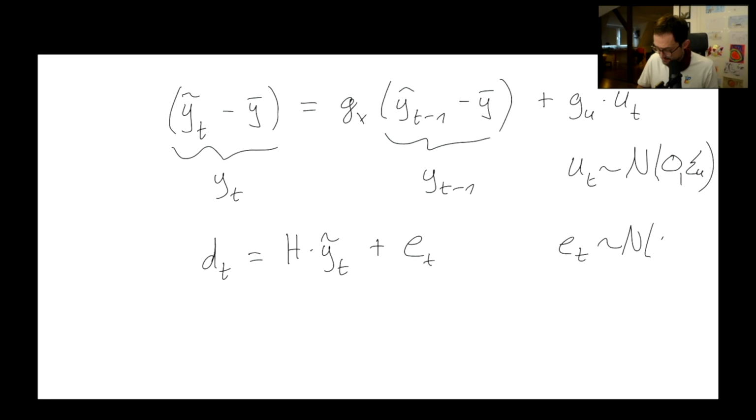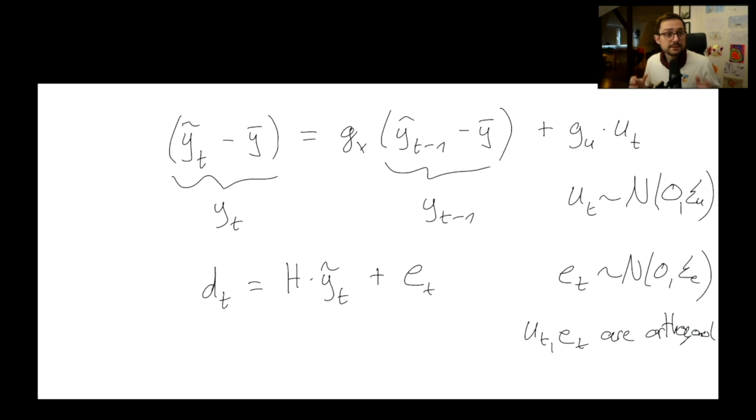Let's say on average there is no measurement error, but there might be some covariance on the measurement errors, but it's also normally distributed. And UT and ET are orthogonal, they're independent of each other. Good. So these are the two important equations that we need to have a look at.